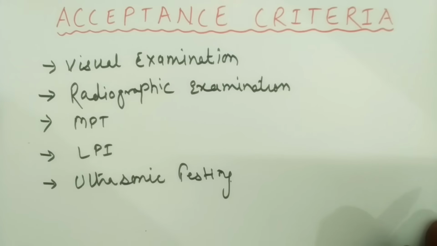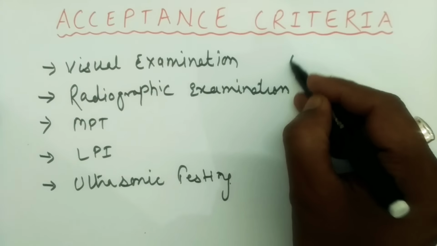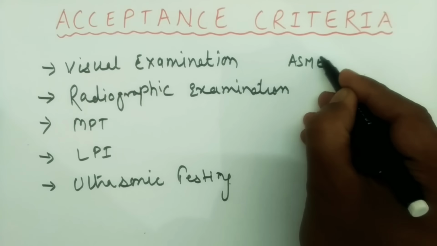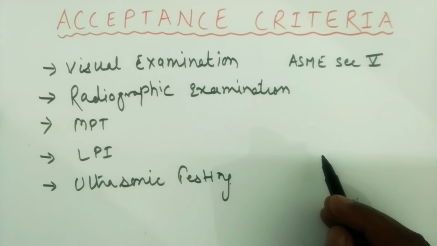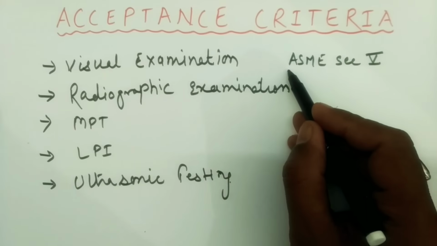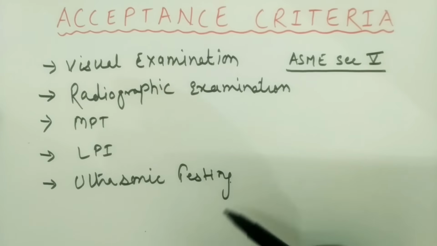See, when we talk about acceptance criteria, many people are confused with ASME section 5. In ASME section 5, we have the methodology, the requirements for non-destructive test.